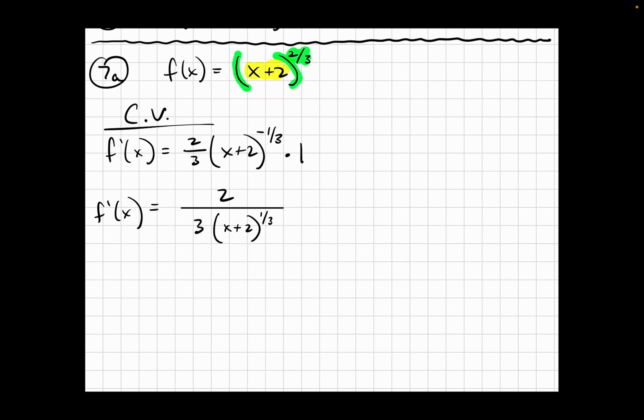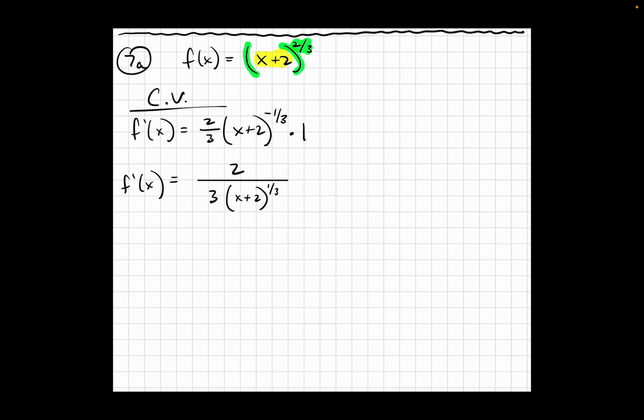Right? That's where we stopped last chapter. You just found the derivative. Now we're going to use it. So how do I find critical values using the first derivative? Set the top equal to 0, set the bottom equal to 0. Good. So 2 equals 0, which doesn't exist, right? 3 times x plus 2 to the 1/3 equals 0.